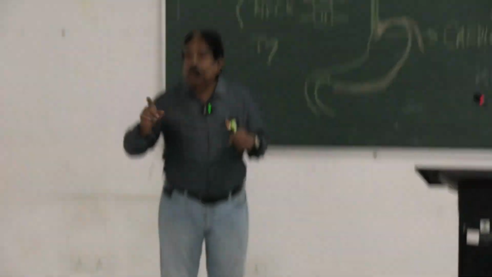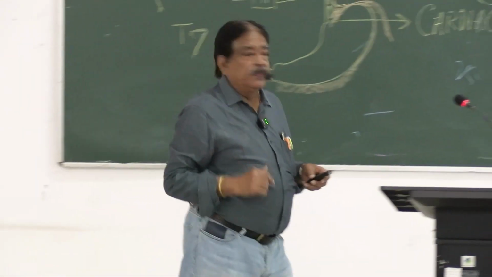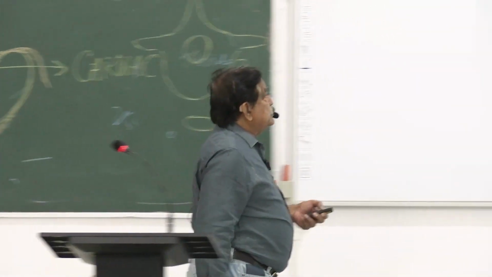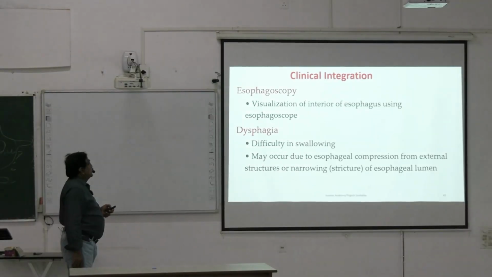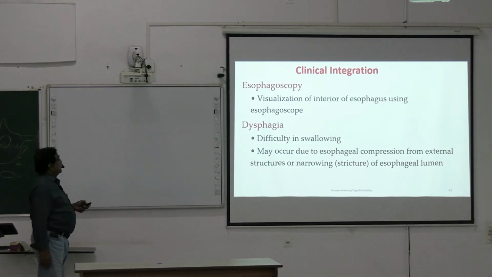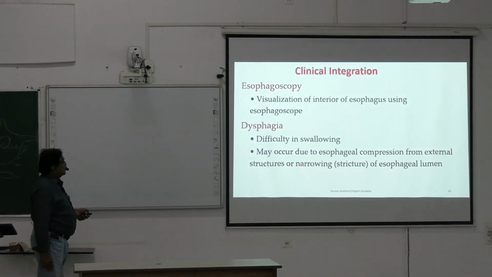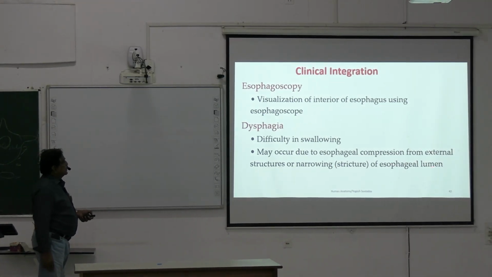Or you say, no, you are having some cardiac problem, you have to rush to the hospital. Now, esophagoscopy is visualization of the interior of the esophagus using an esophagoscope. Dysphagia, difficulty in swallowing, may occur due to esophageal compression from external structures or narrowing strictures of the esophageal lumen.